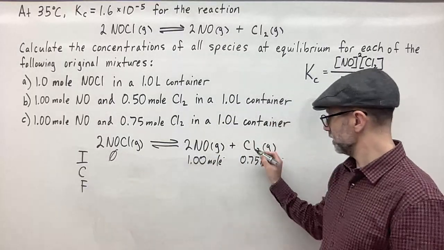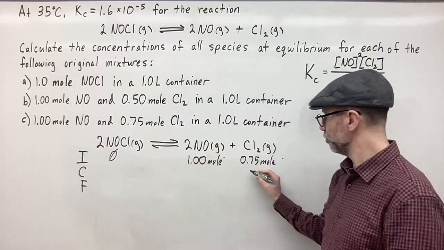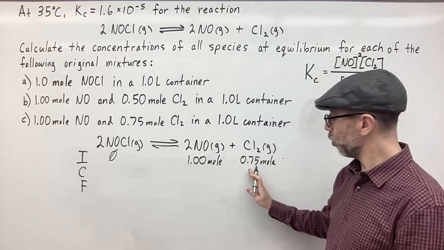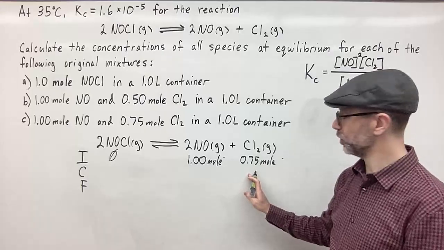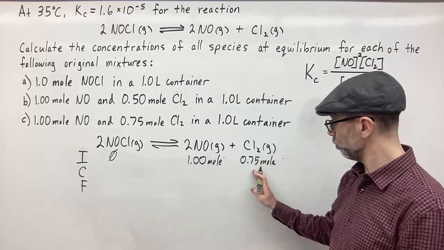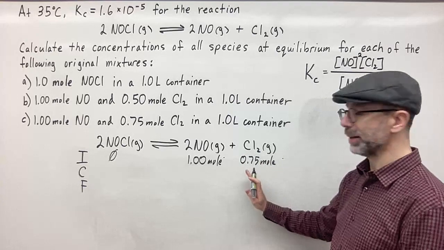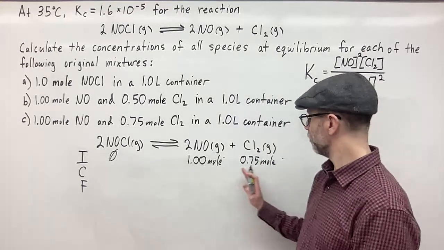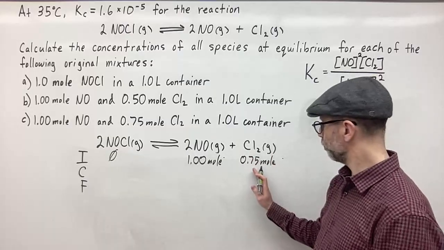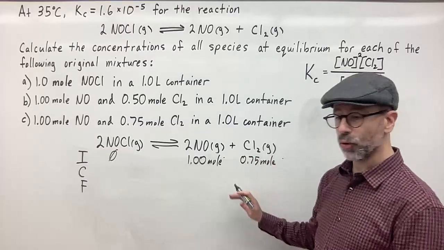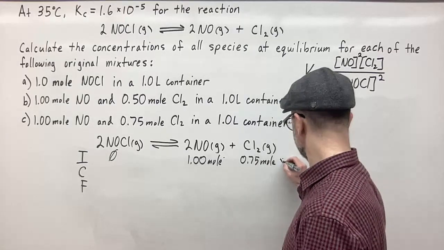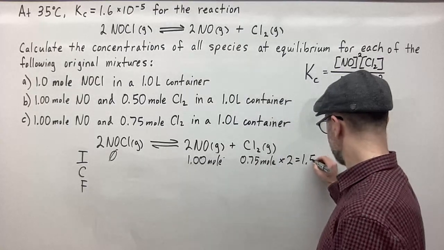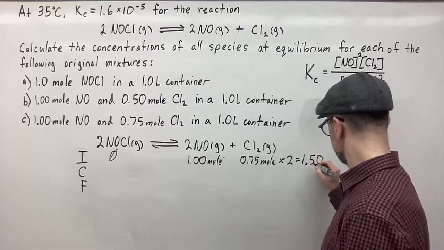Since this is a 1-to-2 ratio, I am starting with 0.75 moles. In order to react completely with the 0.75 moles of the Cl2, I'm going to need double the amount of NO. So if I double 0.75, I get 1.50 moles.